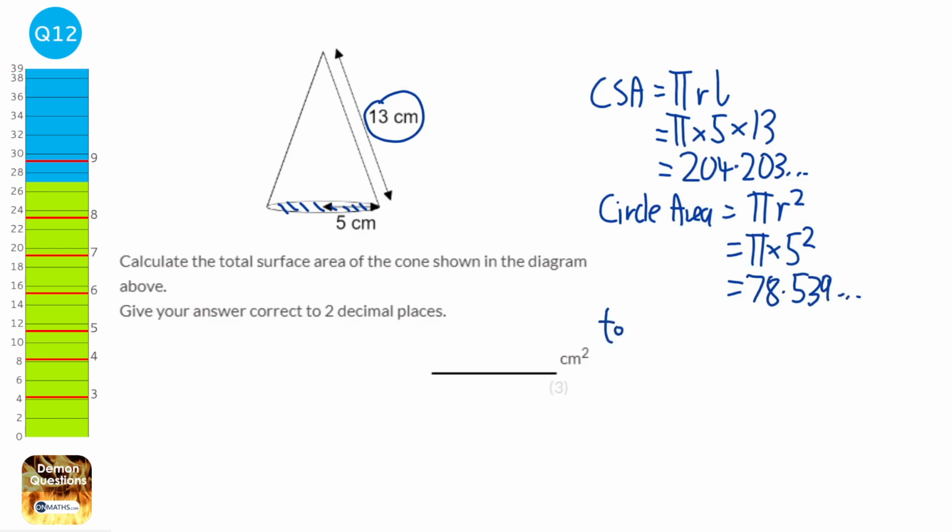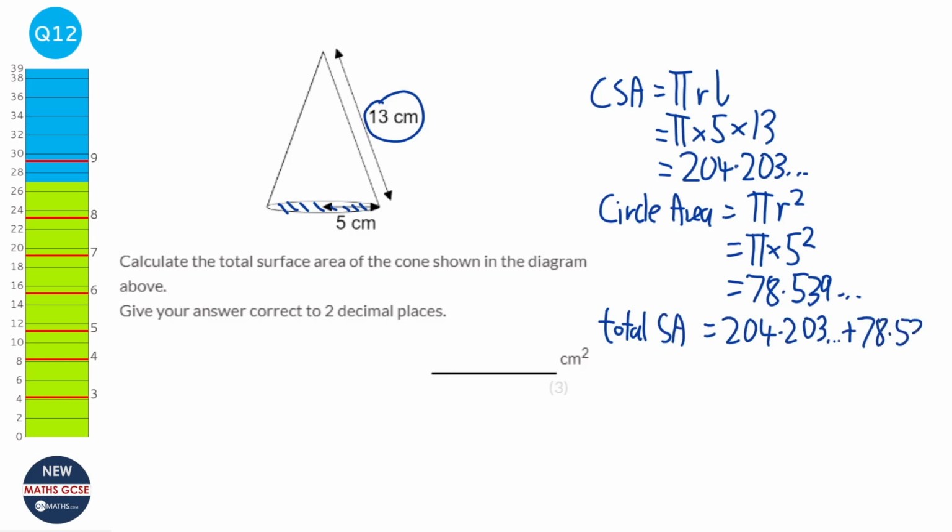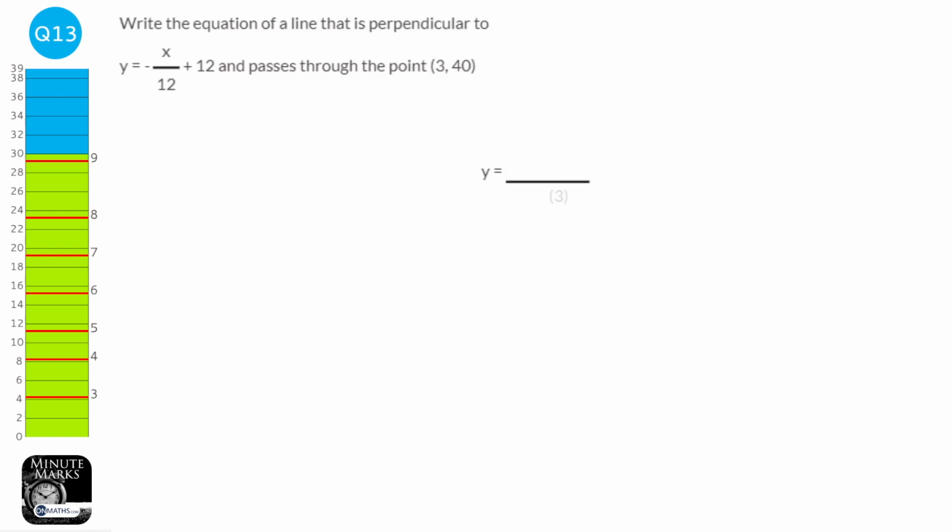And so the total surface area is just a matter of adding those together. And that will give us 282.743, blah, blah, blah. And to two decimal places, that's going to be 282.74.